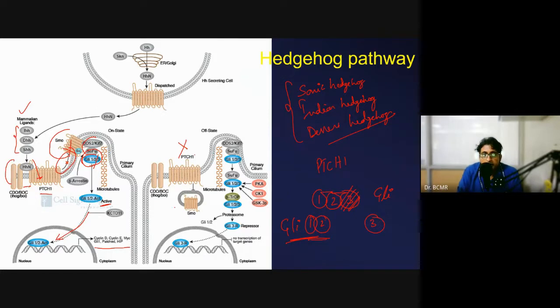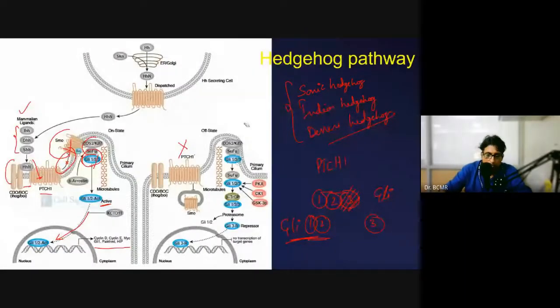Smoothened is maintained as a vesicle, and it stays there, and Patched will thus inhibit it. Gli 1, 2, 3 is processed differently.